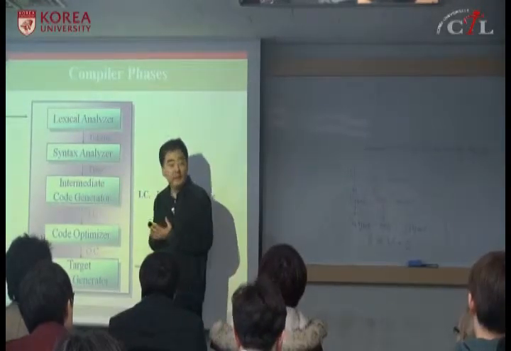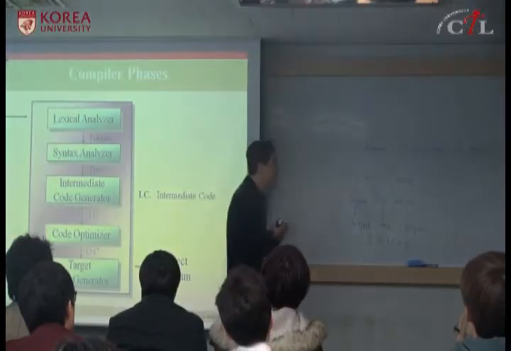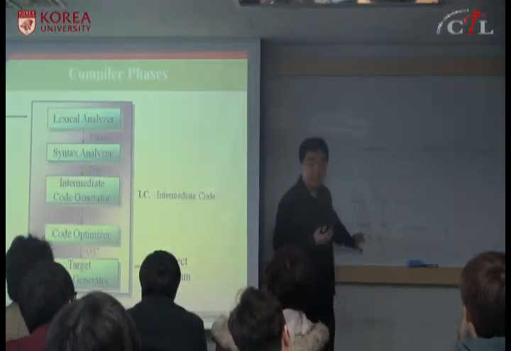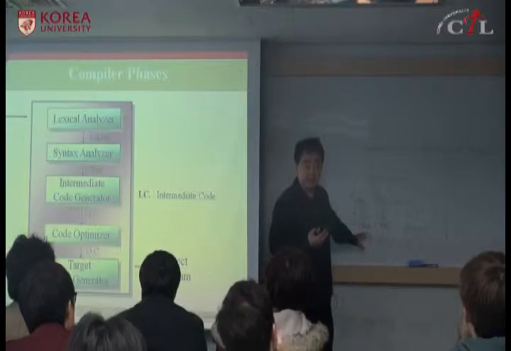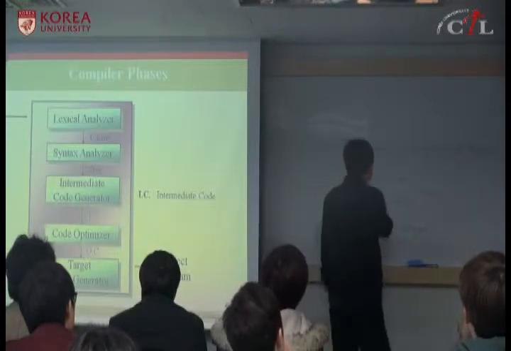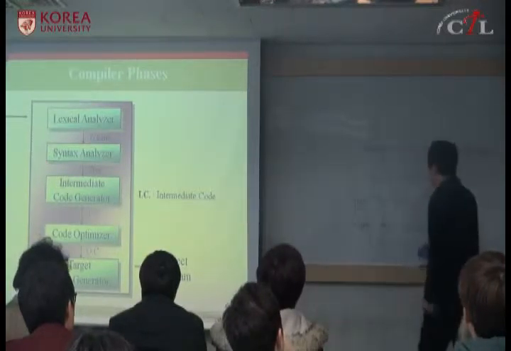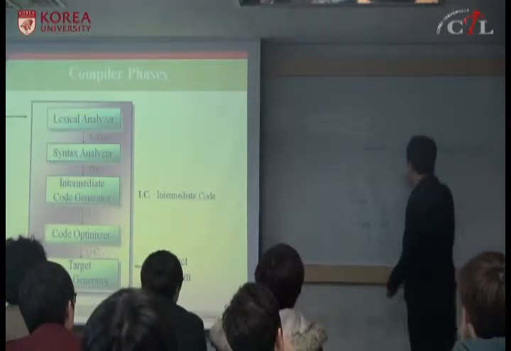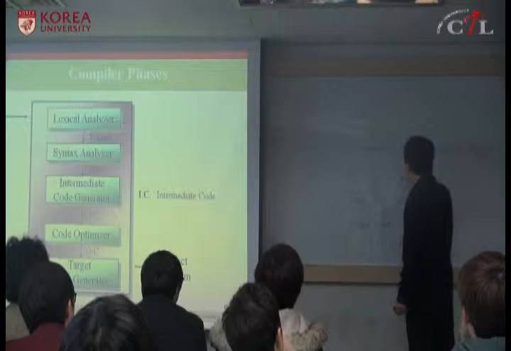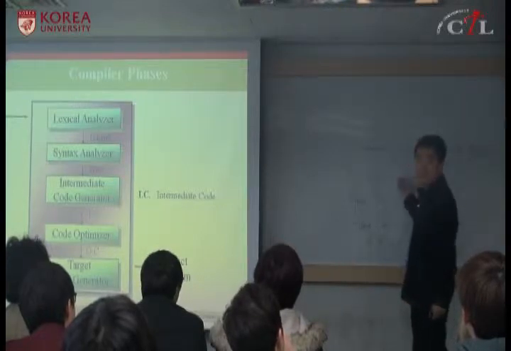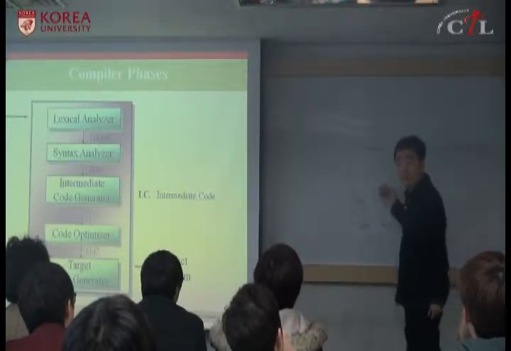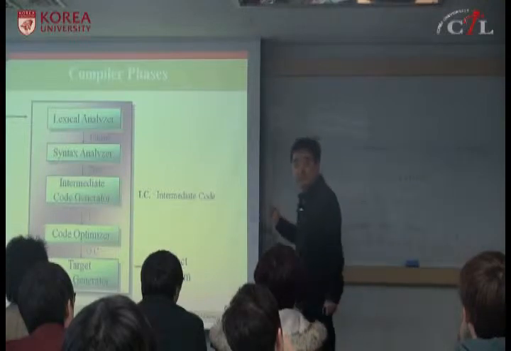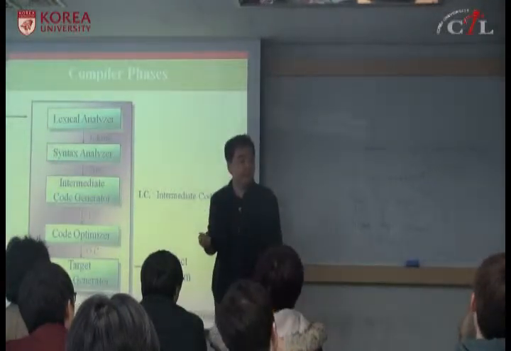Even though a sentence is syntactically correct, sometimes semantically it may not be correct. For example, he ate an apple can be a valid sentence, but he ate an elephant can be a valid sentence or may not be, depending on the context.